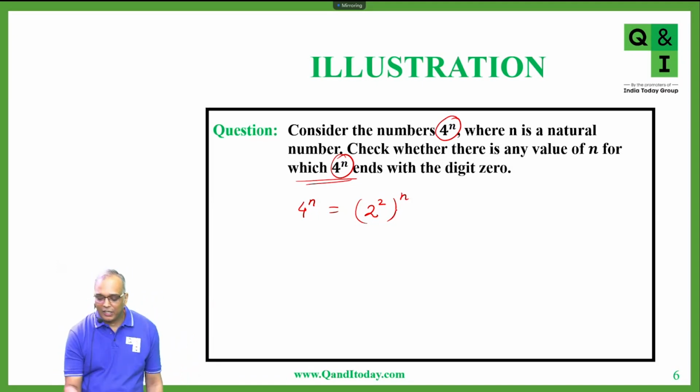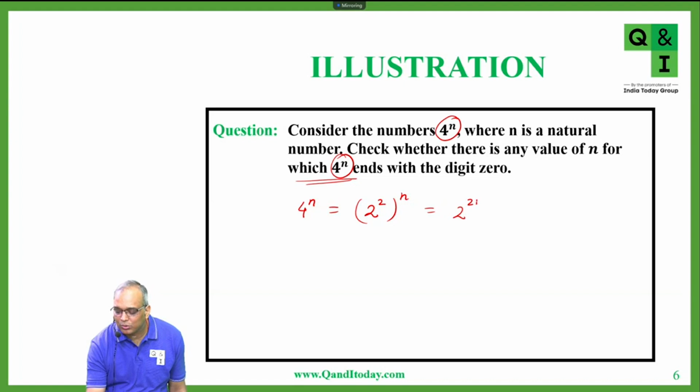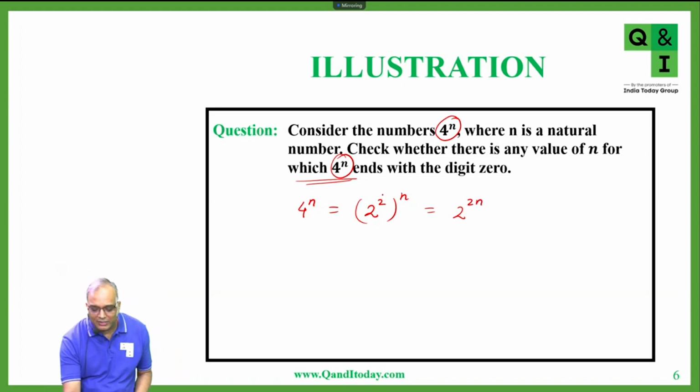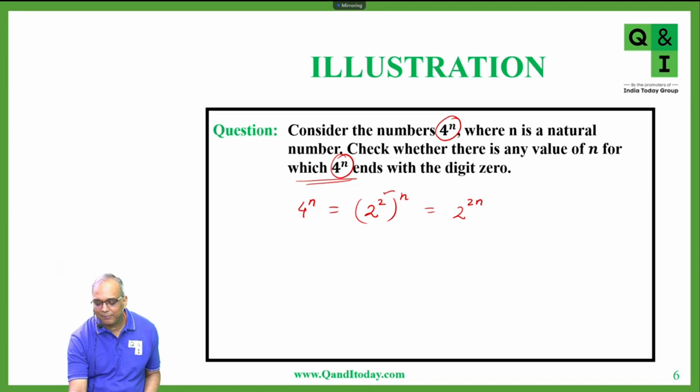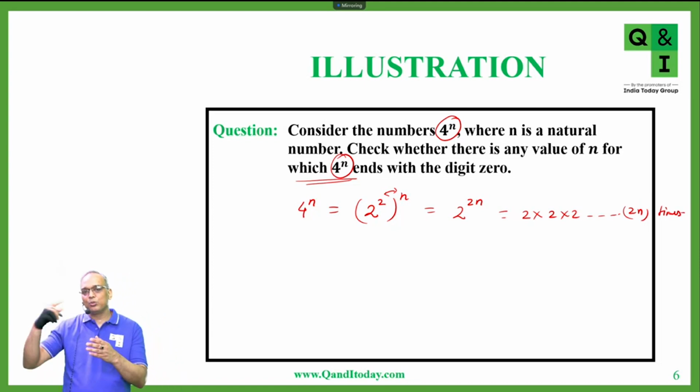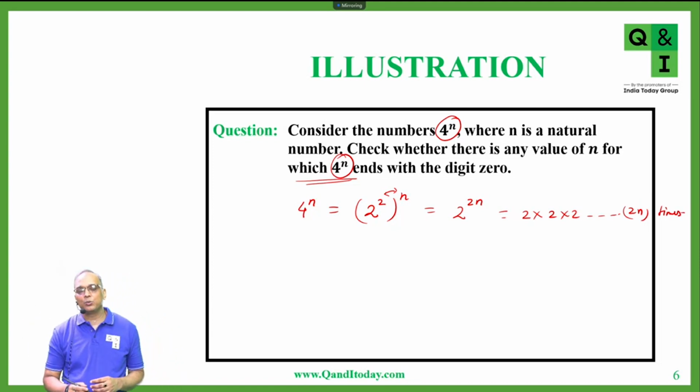Now this can be further written as 2 to the power 2n because power of power gets multiplied. So this 2 and n will get multiplied together and we get 2n, right? Now 2 to the power 2n means 2 into 2 into 2 up to 2n times.